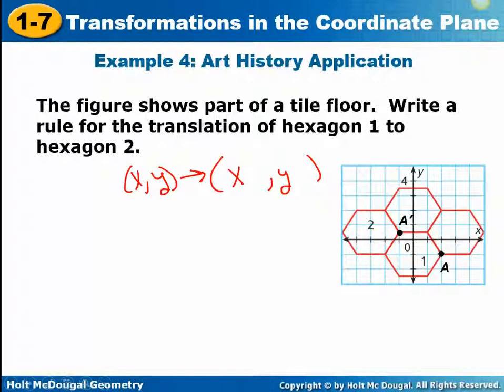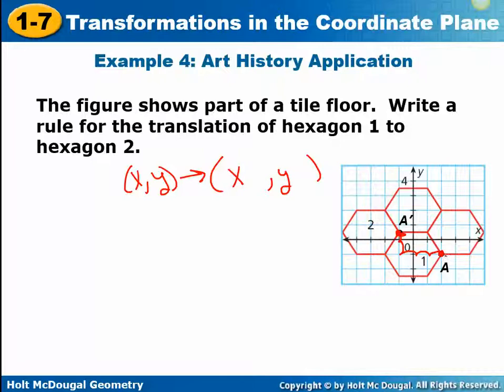So let's pick one point. They've got a point here for us. This is the far right point of hexagon 1, and this is the far right point of hexagon 2. Let's figure out how this point went from here all the way over to here.